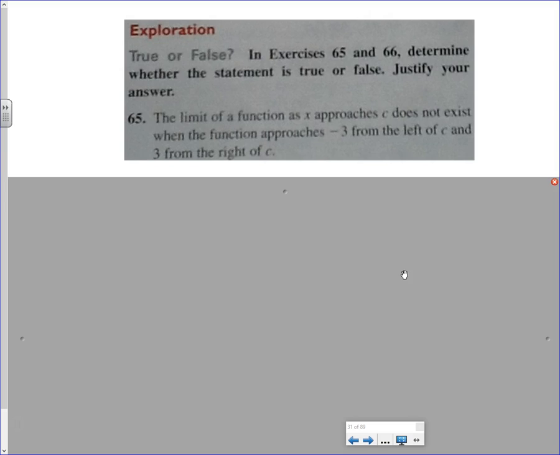Is it super straightforward? Is it a trick? Is it obvious? Justify whether you think true or false. Why do you think true? Why do you think false?